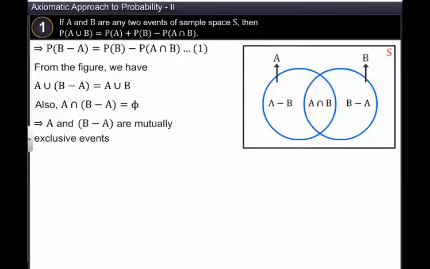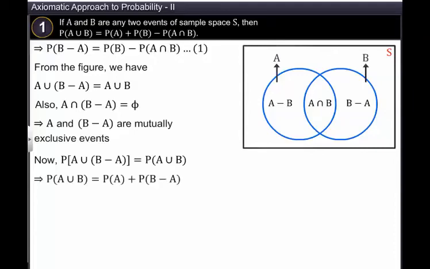Now, P of A union (B minus A) is equal to P of A union B. Since events A and B minus A are mutually exclusive, P of A union B is equal to P of A plus P of B minus A.